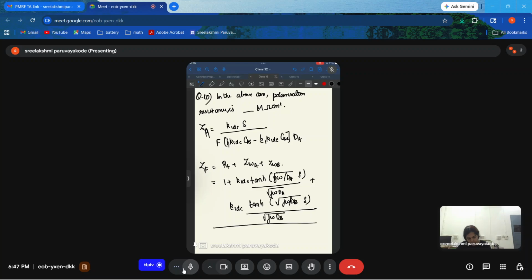So this entire thing is divided by F into (B1 K1 DC CA at x equal to 0 minus B minus 1 K minus 1 DC CB at x equal to 0).